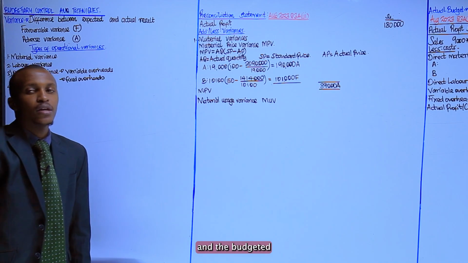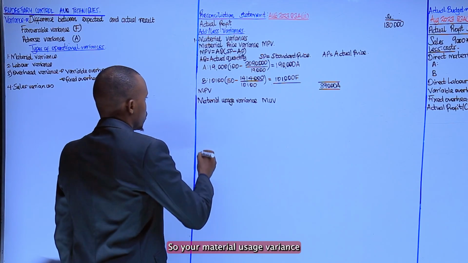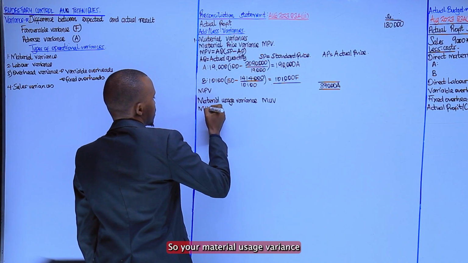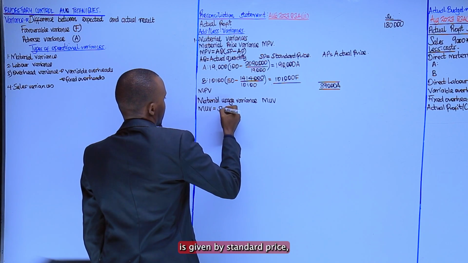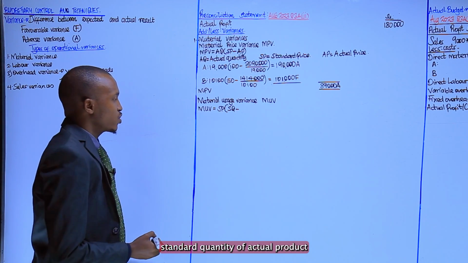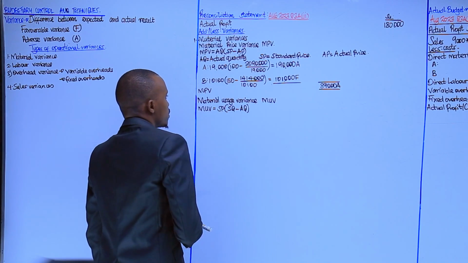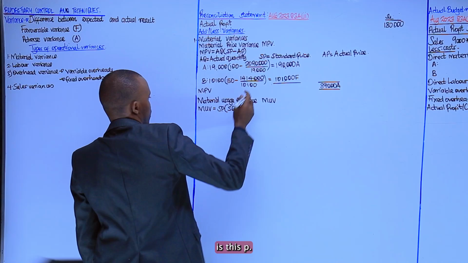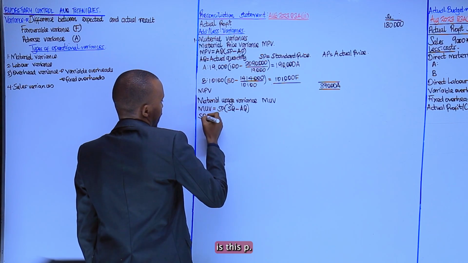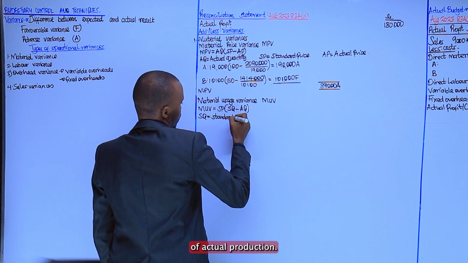And the budgeted usage should be of actual production. So your material usage variance is given by standard price times standard quantity of actual production, minus actual quantity. The standard price you already know is SP. This is the standard quantity of actual production.